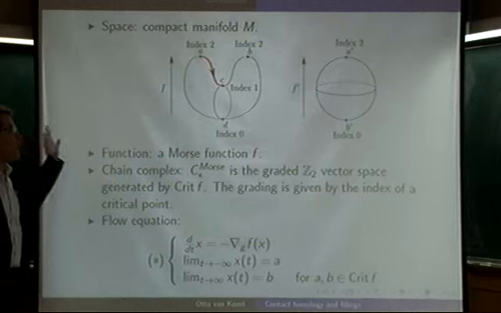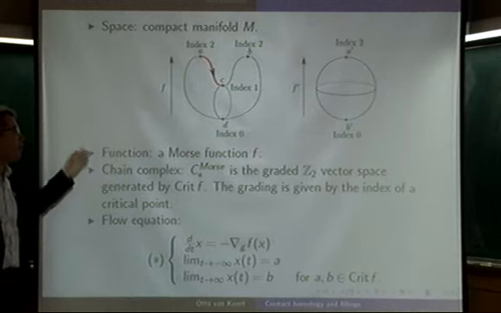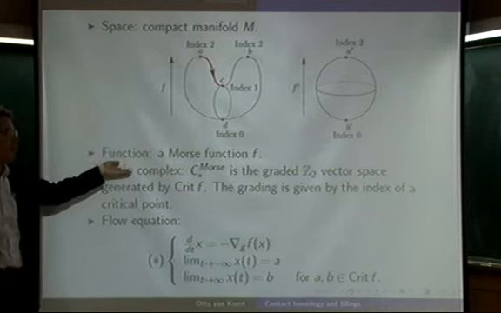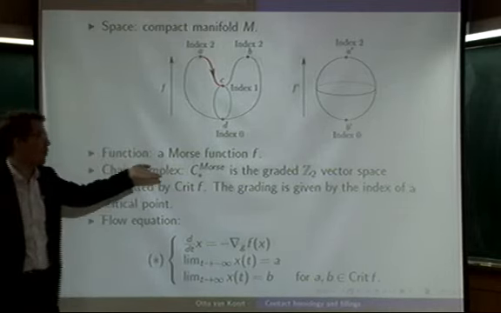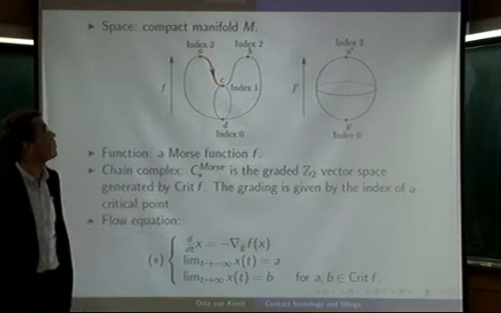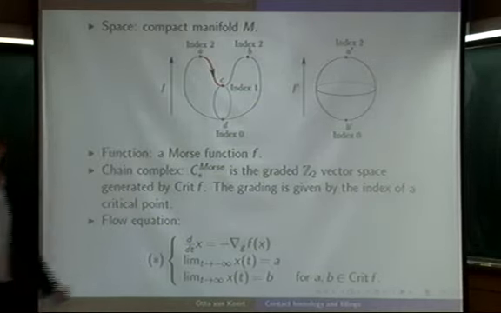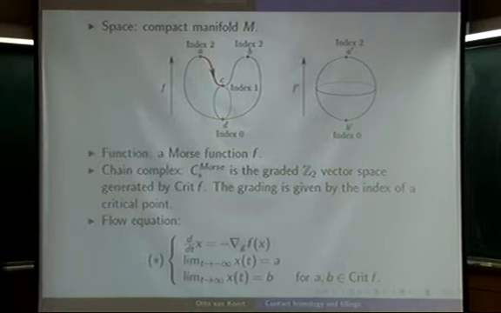To consider Morse homology, you just need one, and you define the chain complex of Morse homology as the graded Z2 vector space generated by the critical points of this Morse function. In this case it would be a 4-dimensional vector space, and in the other case it would be a 2-dimensional vector space. The grading is given by the index of a critical point, that's the number of negative eigenvalues of the Hessian.